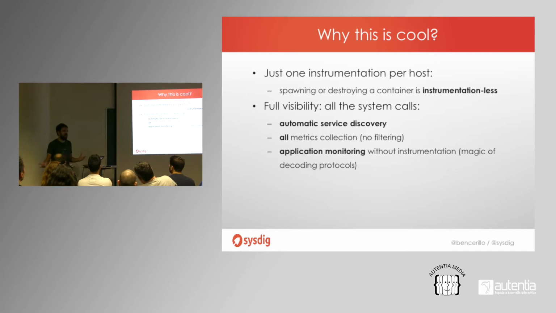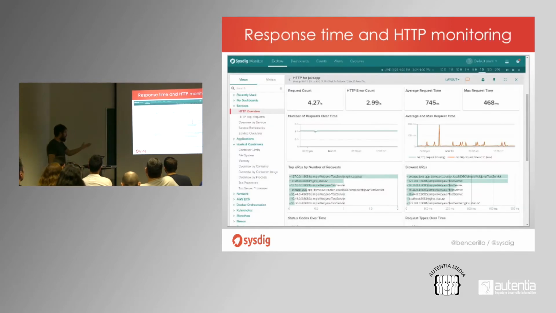If you have a Java web service, we can automatically see service response time, the most accessed HTTP URLs or the slowest URLs, just decoding the HTTP traffic in those sockets without doing any kind of instrumentation. And I don't really care if it's a Java web service, Nginx, Apache, whatever it is, because automatically I can have full visibility of everything. This is just a quick animated screenshot of the UI, and I can show you the product later.